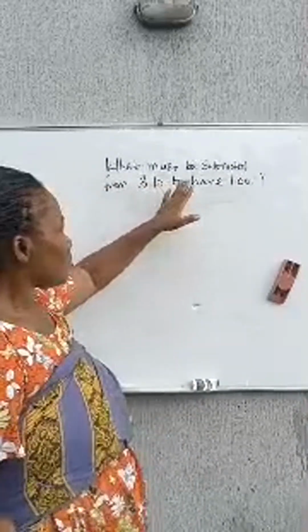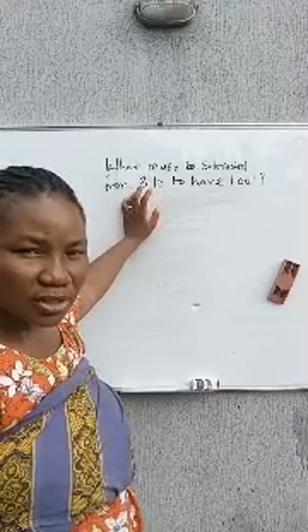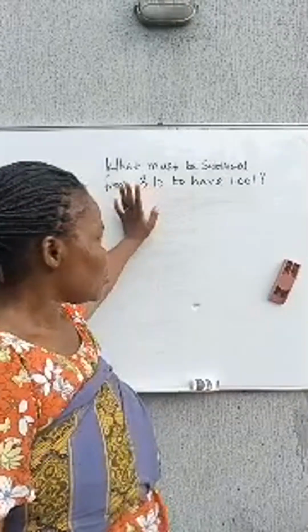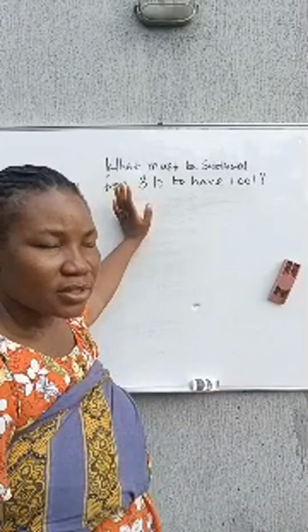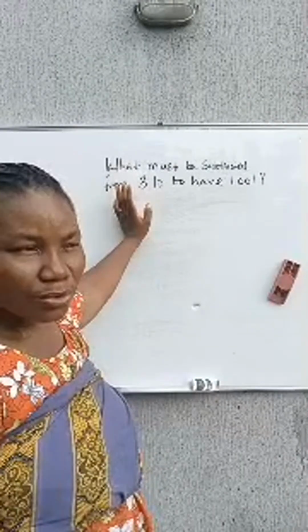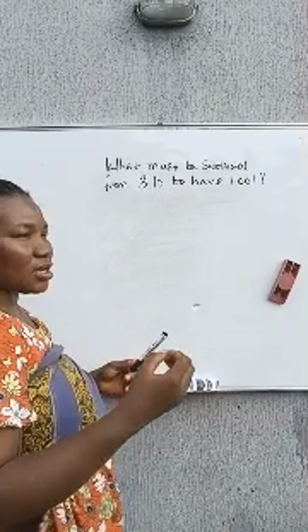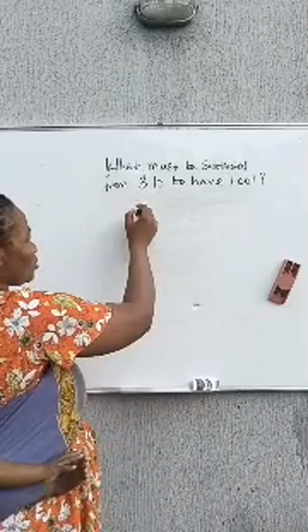So what must be subtracted from 3.10 to have 1.001? So let's bring it out in an equation.